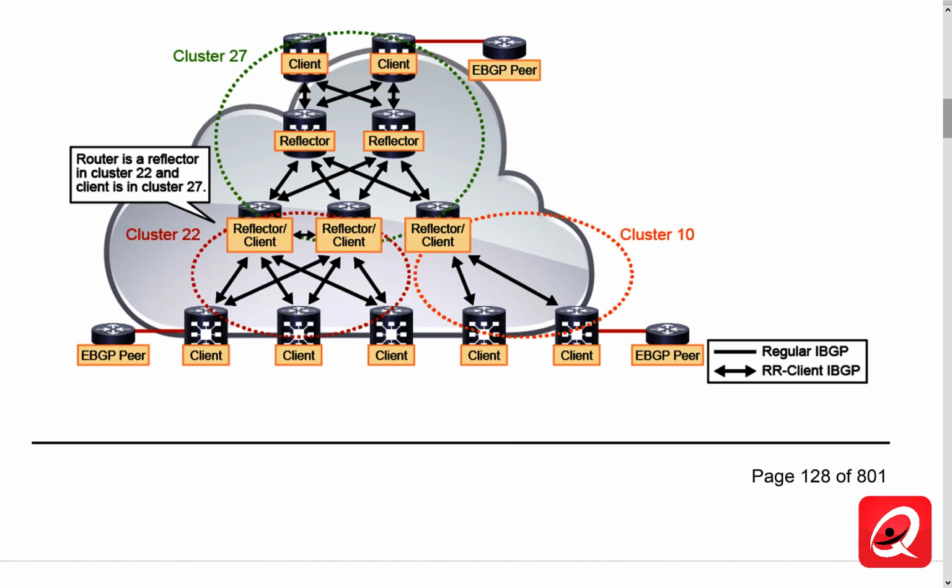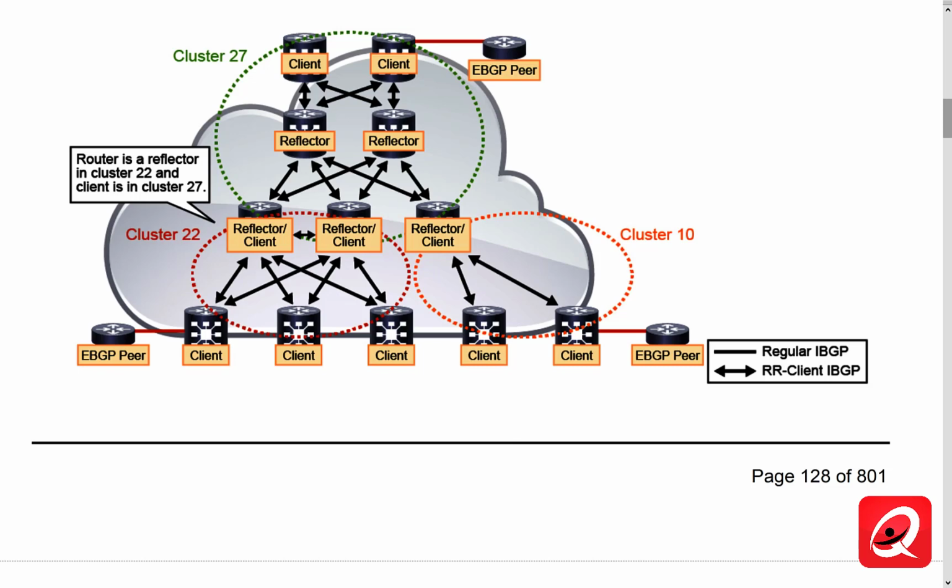You can see that depicted almost like an area border router. The three routers in the middle of the diagram here are acting as a route reflector for the domain on the bottom, cluster 22, but they're also acting as clients in cluster 27.